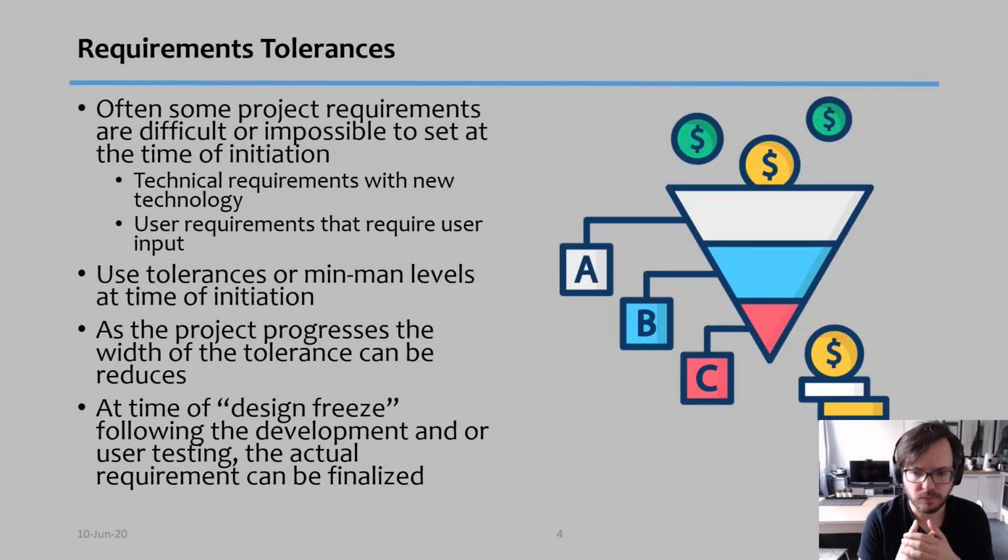So one of the tools you can use for that is called requirement tolerance. So we use requirements. Often some project requirements are difficult or impossible to set at the time of initiation. In other words, you might start a project and say, okay, I'm organizing, like the example of the wedding that I gave before, I'm organizing a wedding. How many people will come? You ask the bride and the groom and they say, oh, something between 100 and 500 people.